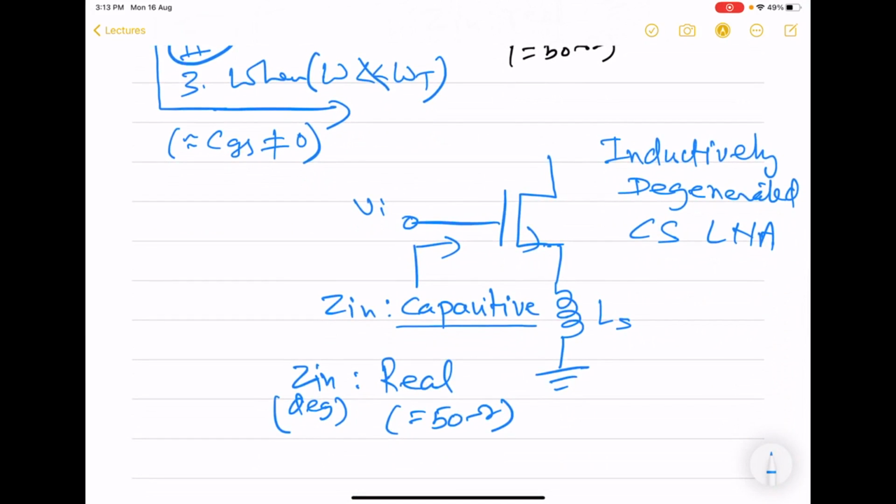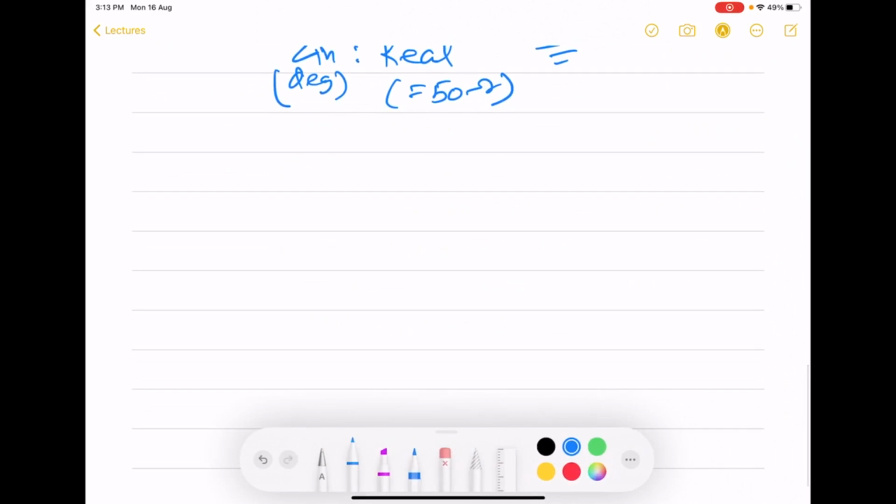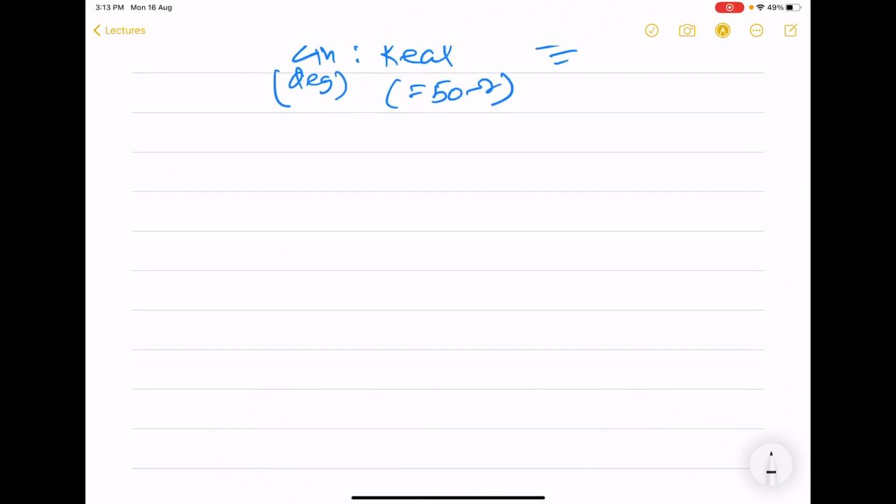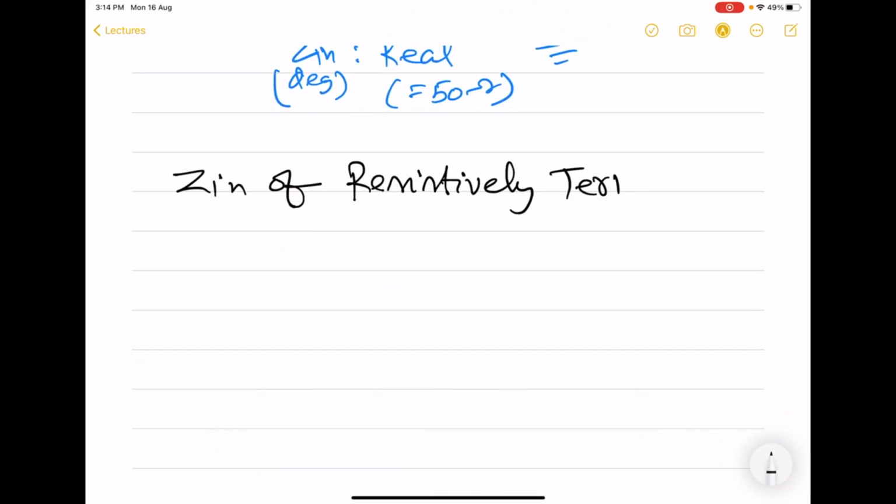Now we will take up the resistively terminated LNA and try to find out the input impedance and then finally the noise factor. So first we'll find out Z in of resistively terminated LNA.